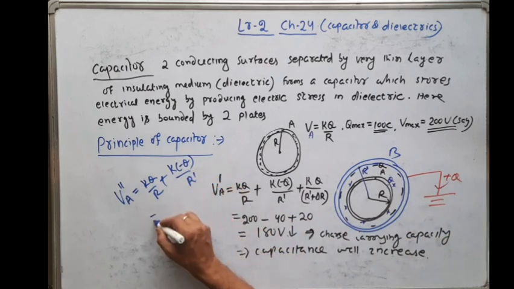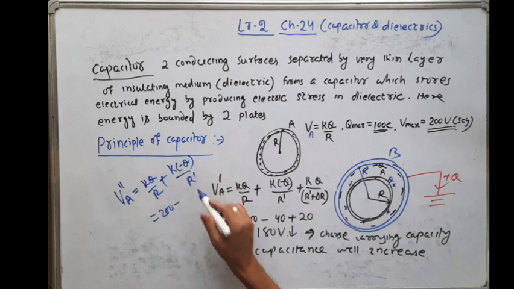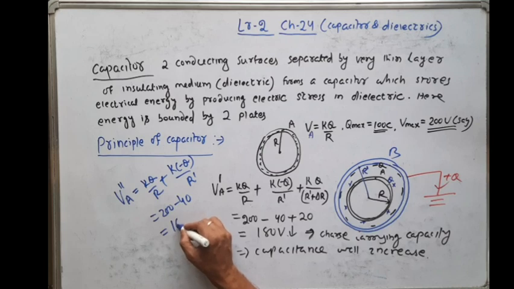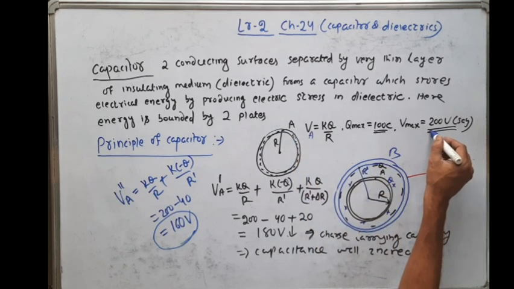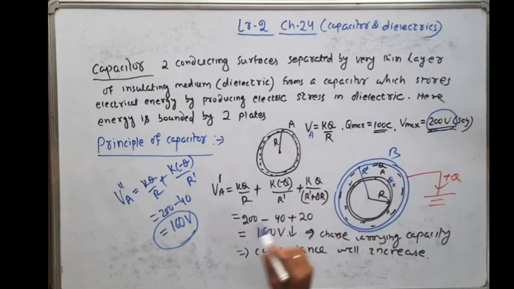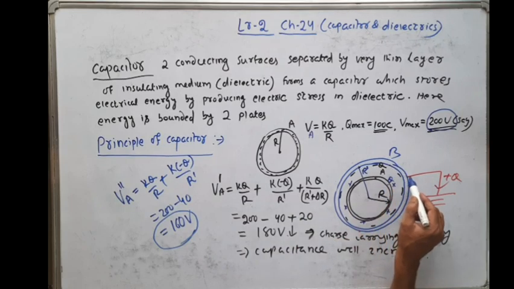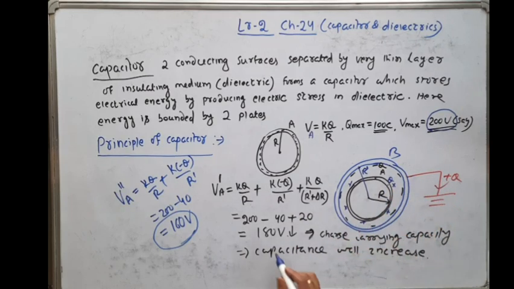So now you see, what is the KQ by R value? 200, minus this KQ by R dash, which is equal to 40. So what is the net potential? The net potential is now 160 volt. In a single conductor, the maximum voltage was 200 volt. By introducing the second plate without earth connection, the voltage became 180 volt.